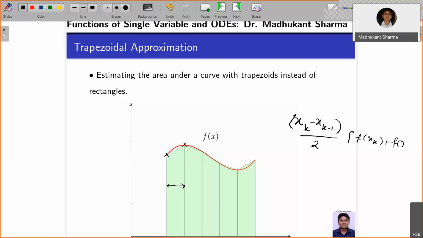You know the formula. Then there is a summation k equals 1 to n.